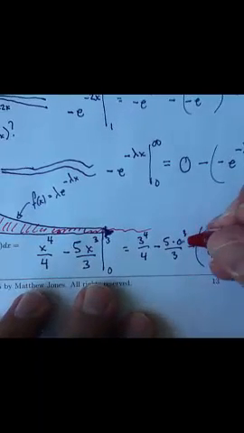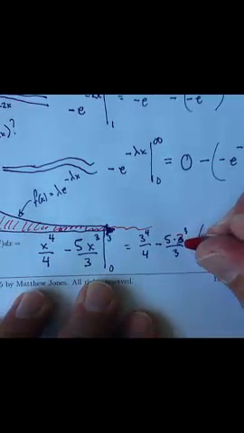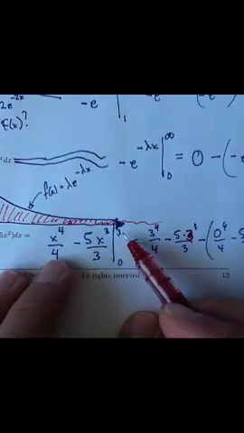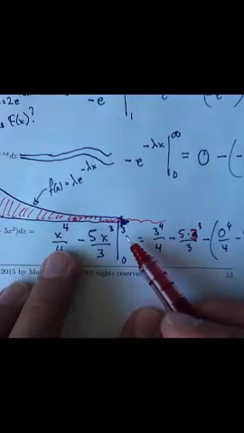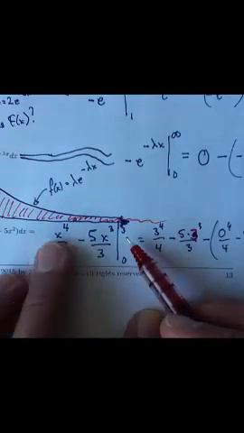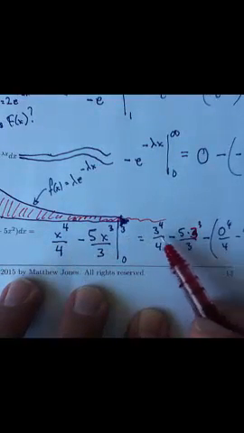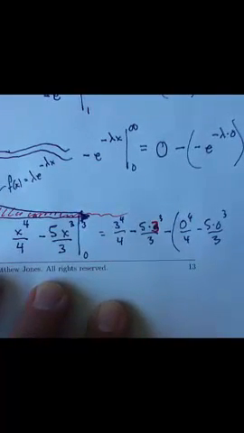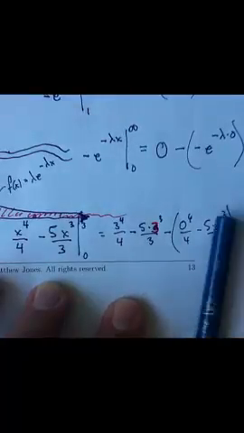I've made a mistake, haven't I? Yes, sorry about that. This 0 should be a 3, because I'm evaluating this function at 3 first. See that? So I have 3's in there. Now all of this stuff, of course, evaluates to 0, and you can check that this comes out to be negative 24.75.